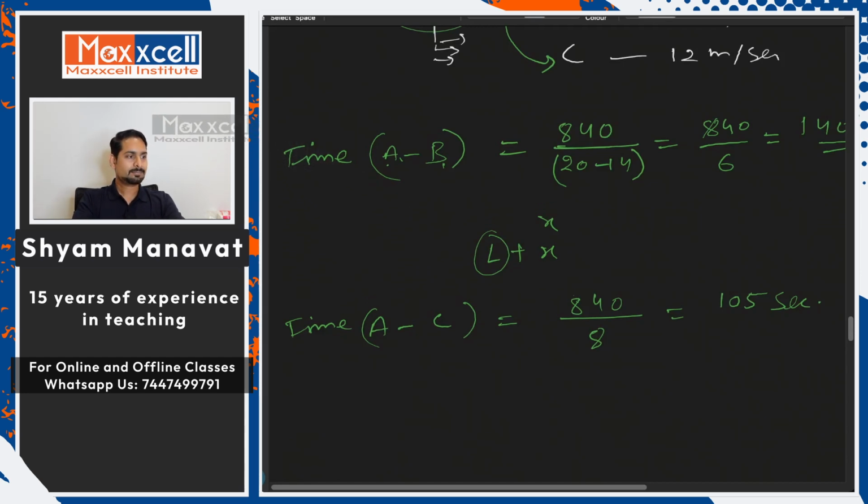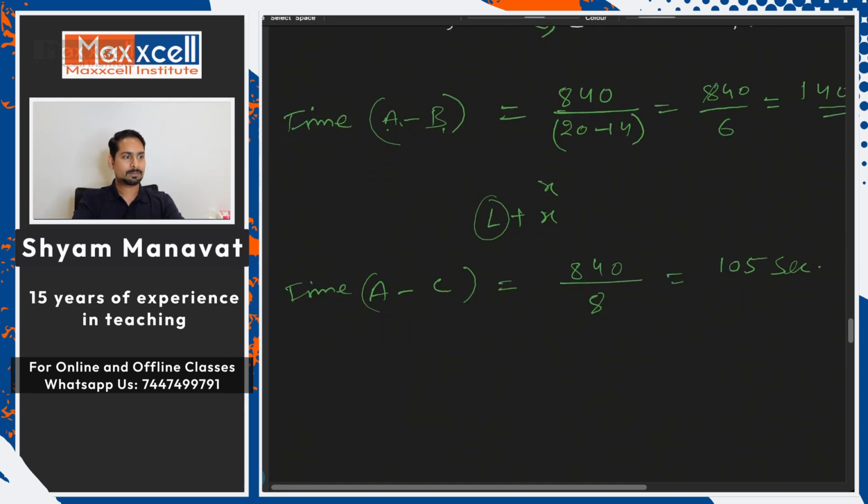Okay, let's see. So if I find the LCM of 140 and 105, take the LCM this way.